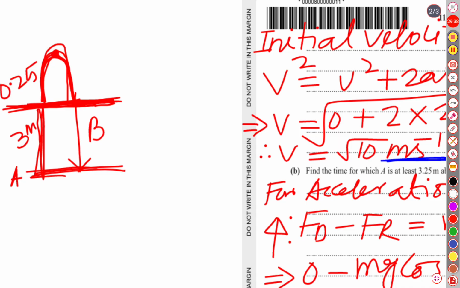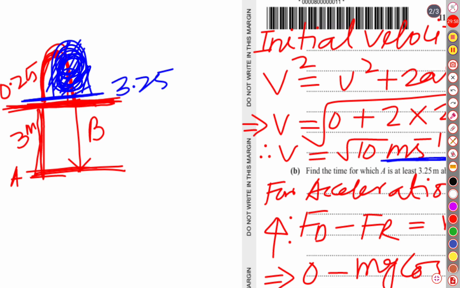Suppose at this point there is 3.25 meters from the ground. So the particle went up and reached again at this point. So they have told us to find the time when the particle was in this height. I think you got my point.